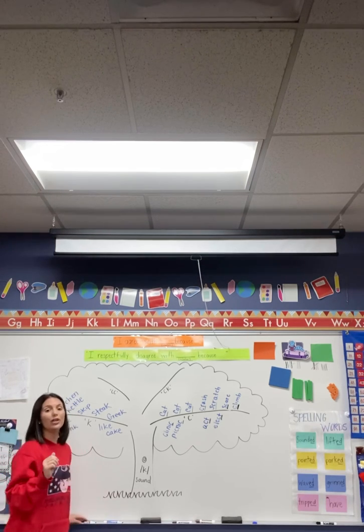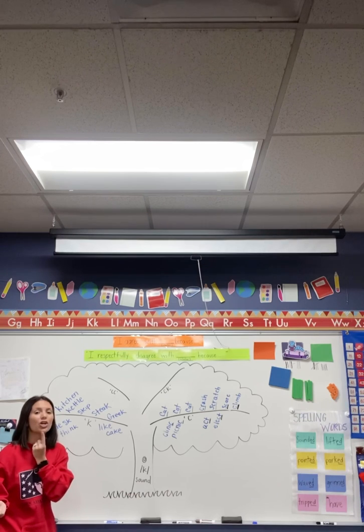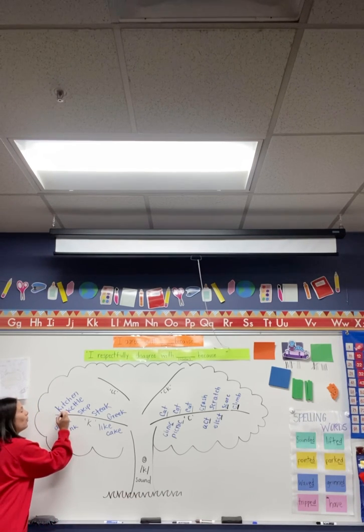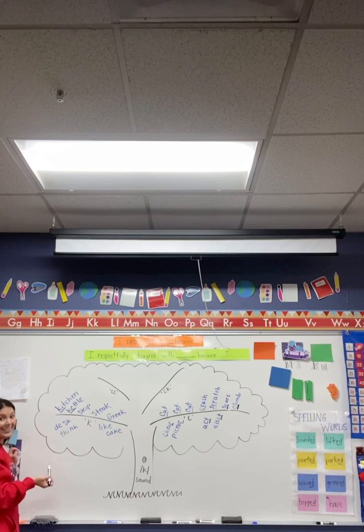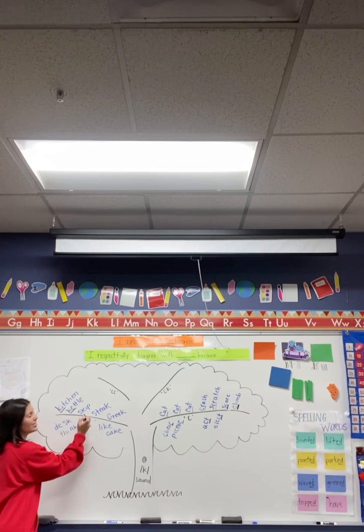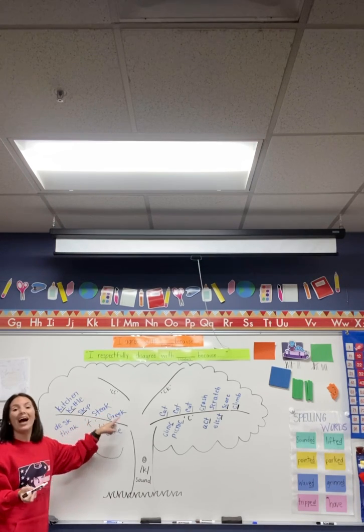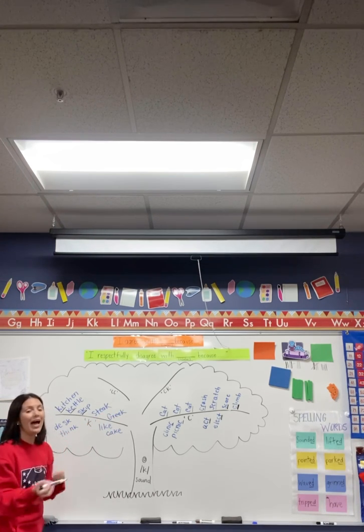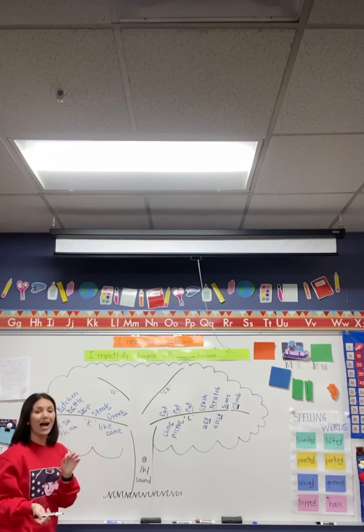So to review, when do we use the K spelling for the sound K? When it begins with K-I, K-E, the consonant cluster S-K. After you hear the K, after a long vowel say their name.